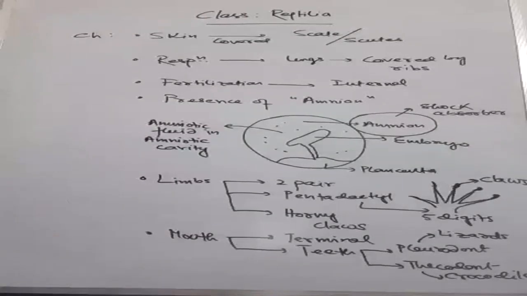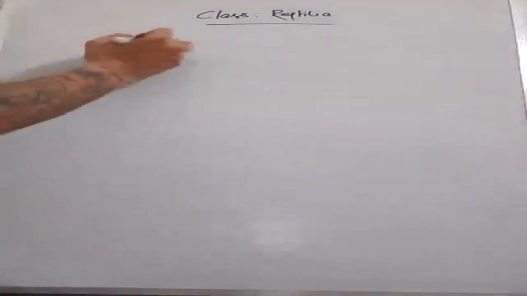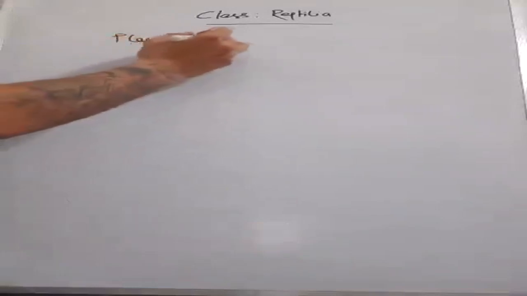Now, pleurodont teeth means teeth that are partially attached.